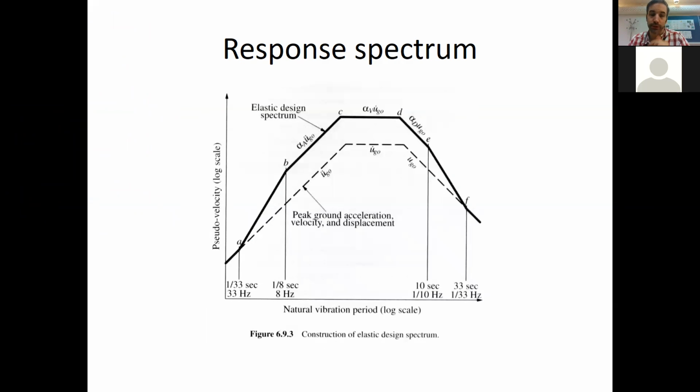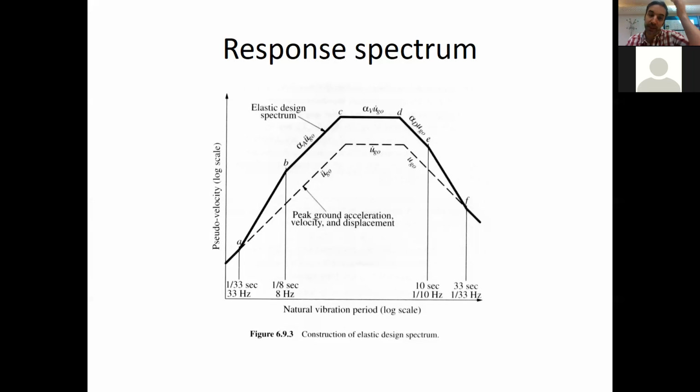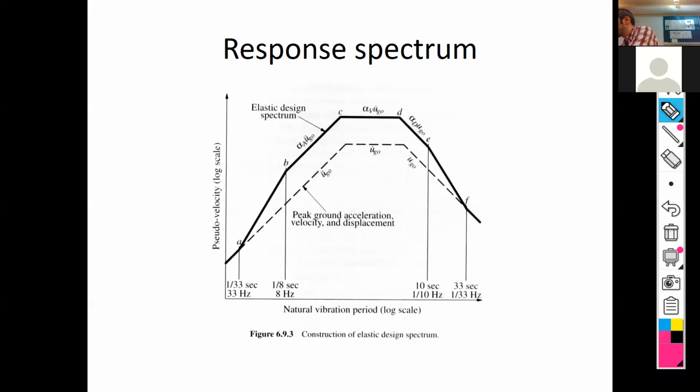And this is what I was talking about before. The American norm will give a spectrum that is not as spiky as this one, which is a response to a real spectrum. It's just flat. But it is meant to cover all likely earthquakes in that area. Of course, it varies with the area that we're talking about. So you need these values.